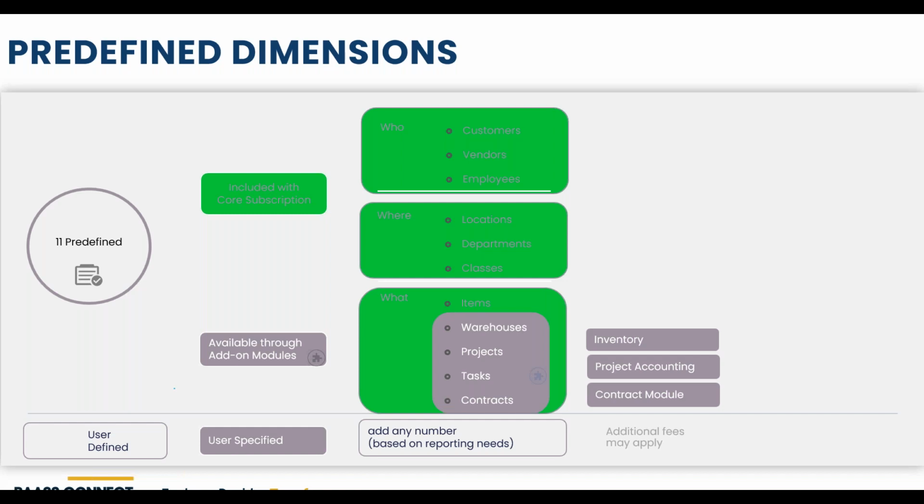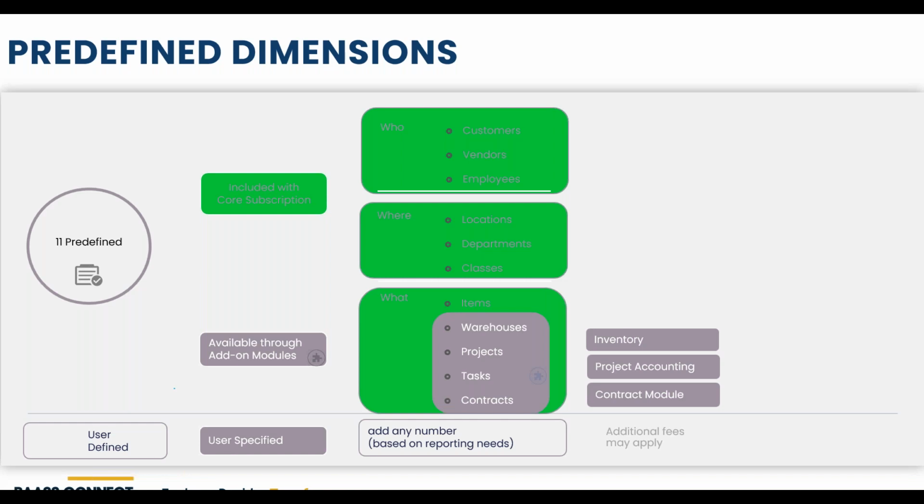And then classes. For our not-for-profits, you probably want to keep track of funds, as an example. You may want to keep track of projects or activities. Then depending on what modules you have, items, warehouse, project, task, contracts, and so on.